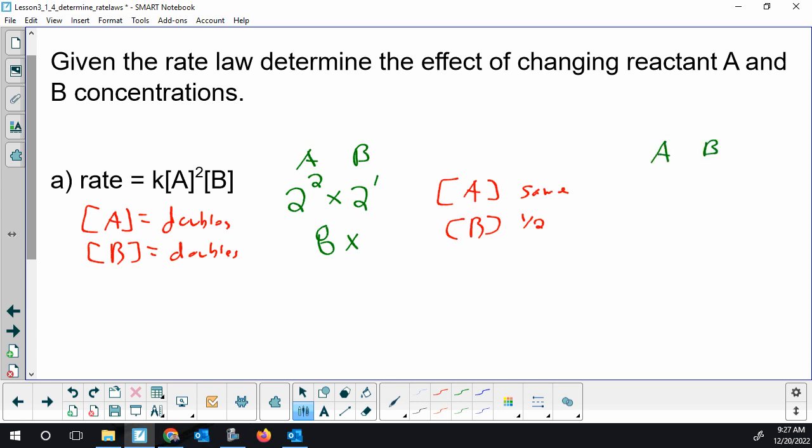The concentration of A is the same, so that's like 1 times. So squaring that doesn't matter. And then B is 1/2 to the first power, so that would only have a 1/2 effect on the rate. A isn't going to have any effect, and it wouldn't matter its order if you keep the concentration the same.